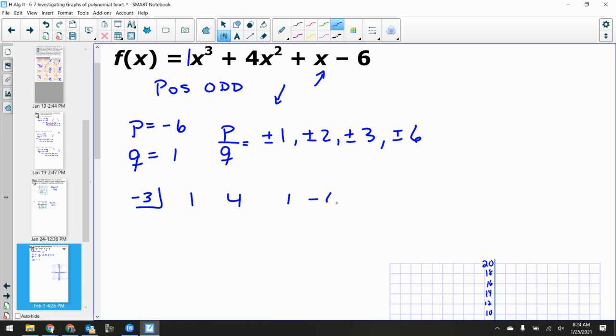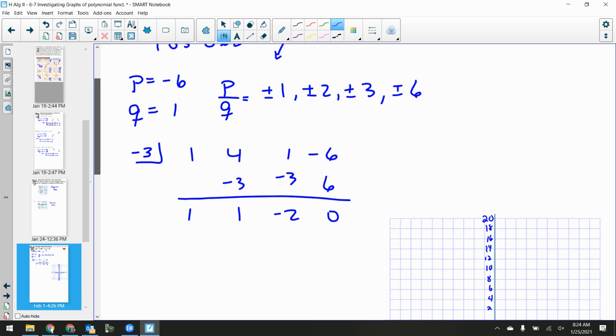1, 4, 1, -6. Oh, what I mean by that is I haven't done this ahead of time. No. Let me just double check. 1, -3, 1, -3, -2. Yeah, that works. Wow, I did on the first try.